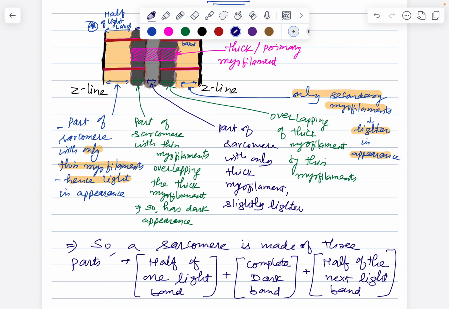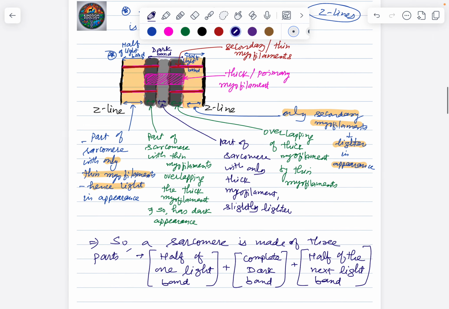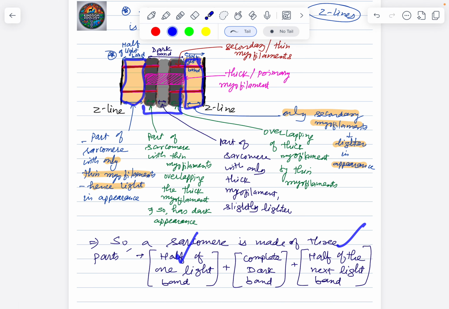That is the composition of the sarcomere. Half of the light band, half of the next light band, and one full complete A band in the center.